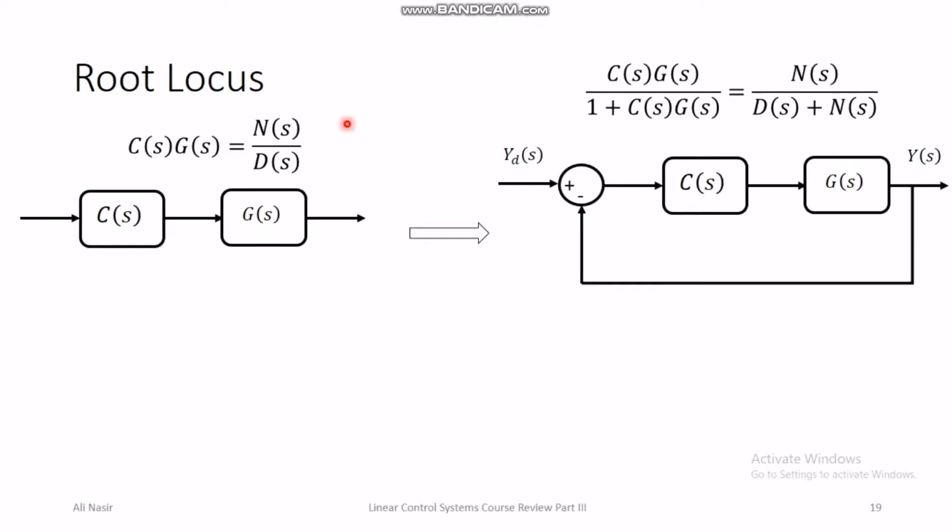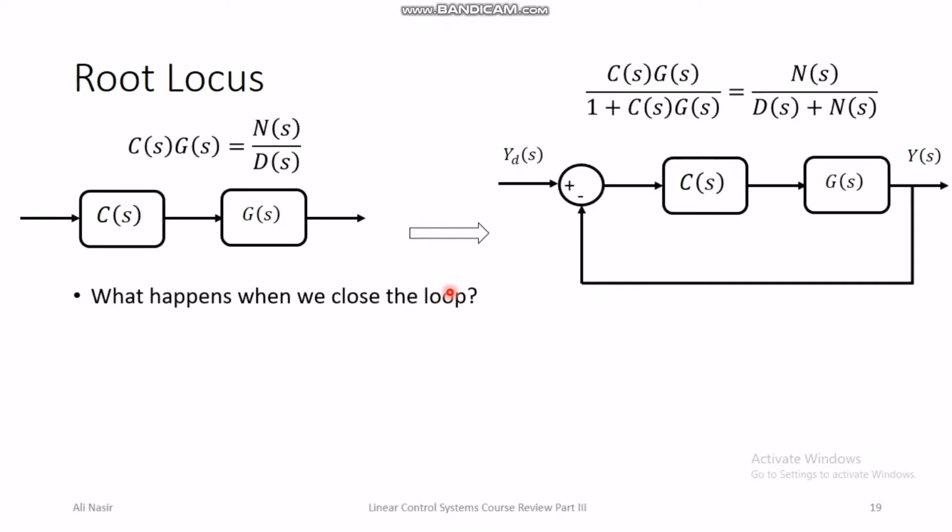The numerator remains the same, which means that the zeros of the system remain the same even after closing the loop, but the denominator of the system changes. The study of how the denominator of the system changes in response to closing the loop and increasing the loop gain, that is basically root locus.